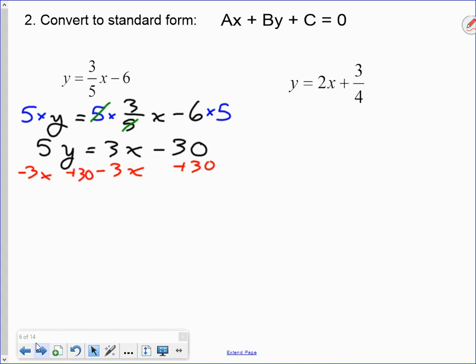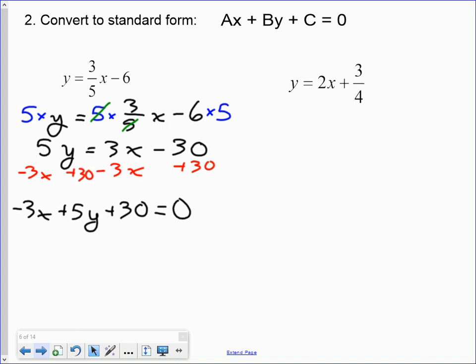So what am I going to have? I'm going to have negative 3x plus 5y plus 30 equals 0. Just moving all of those terms over onto the left-hand side. So get rid of the fractions, and then just move things over to the left-hand side.